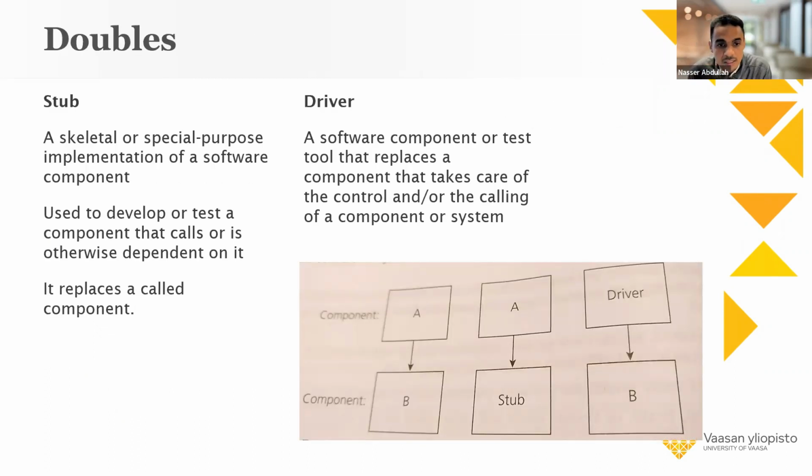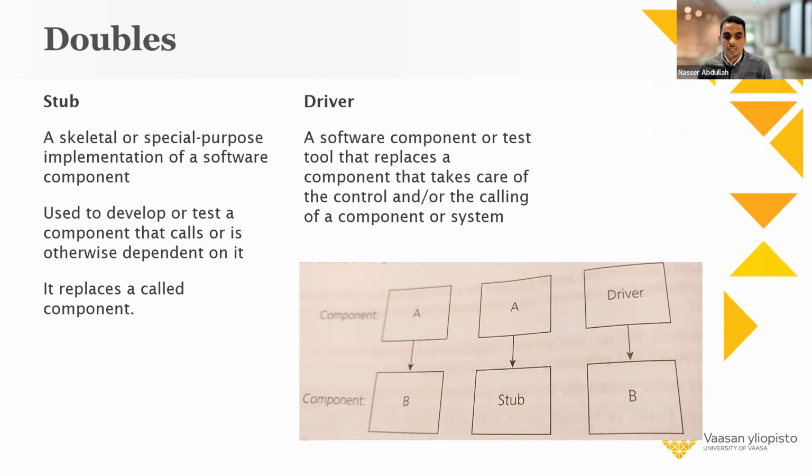Stub and driver are dummy code which is used for testing purposes only. For example, if you have to test an application that consists of many components, as you see here, A, B, C, and some components are not ready yet.